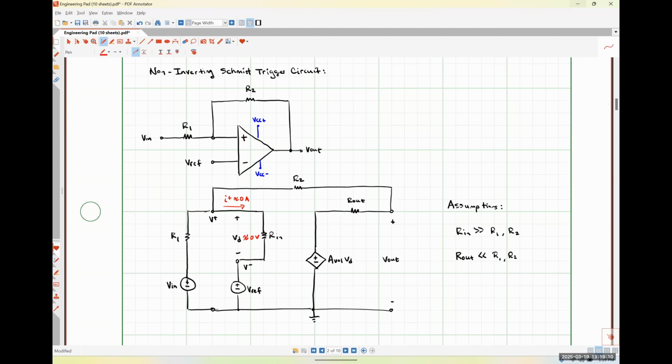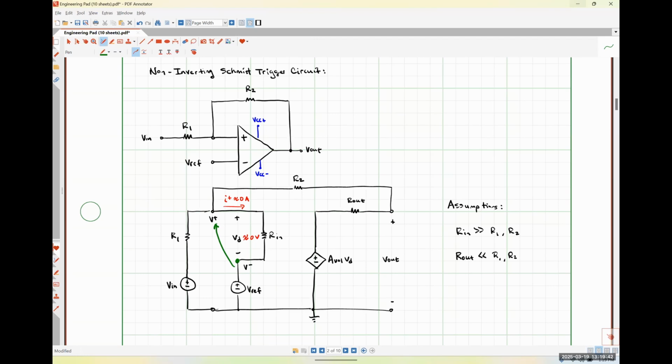So if V reference is my voltage at this node right here, and I have essentially no voltage drop across that input resistance, then that same V reference is what I'm going to see at the non-inverting input terminal of my amplifier system, right?